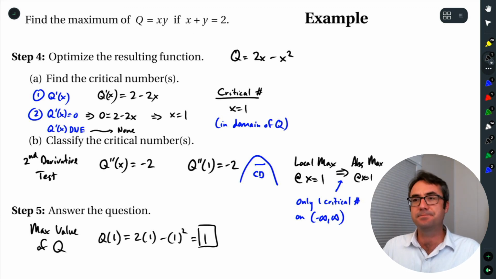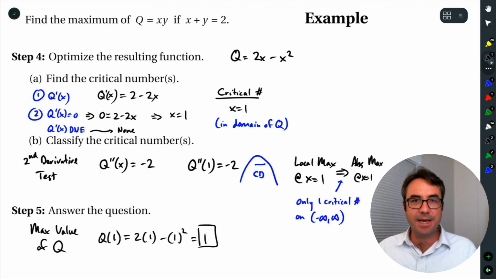All right. So this illustrates most of the steps and definitions that we're going to be using for these applied optimization problems. As we'll see in the next few examples, these types of problems are word problems.